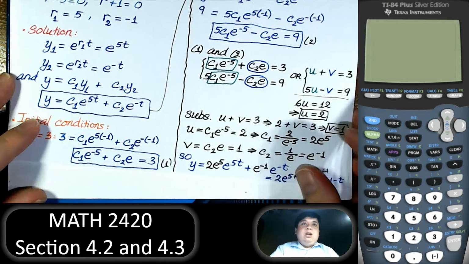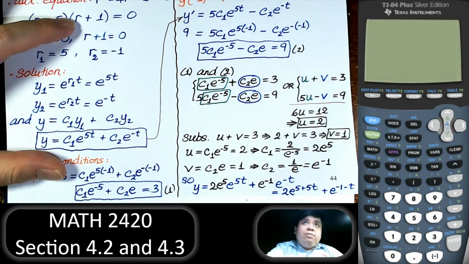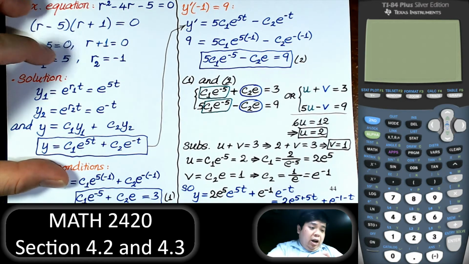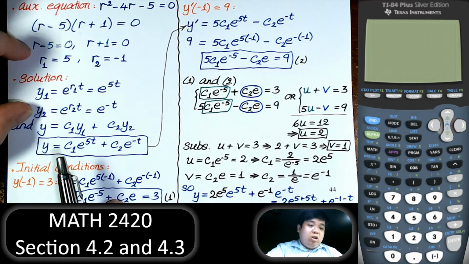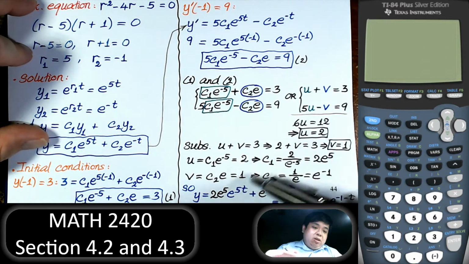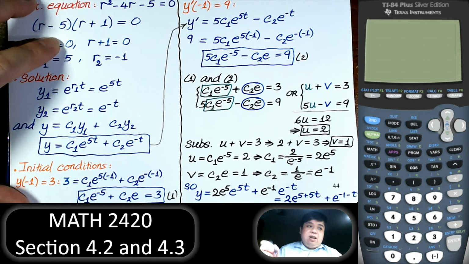So we can write the solution like that. The point here is to write the equation in the auxiliary equation, then write the solution. If we have initial conditions, then we put in the numbers and solve for that. And this is what we have.